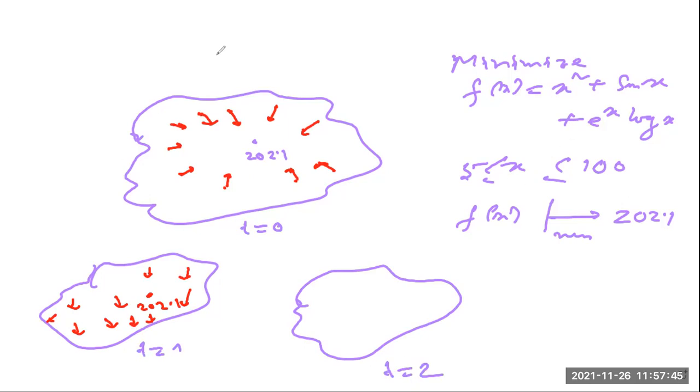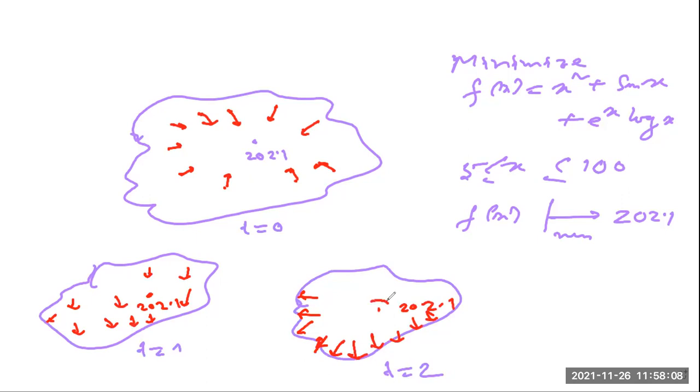So what will happen? This is the original 202, we should get this value, okay? But the particles are reaching this surface, so they are reaching the boundary surface.